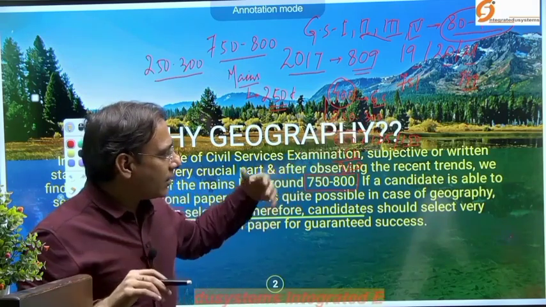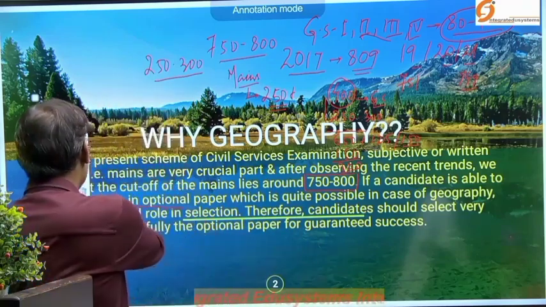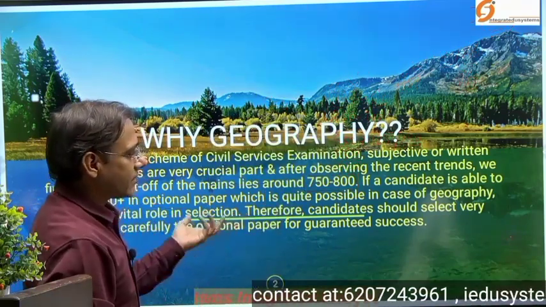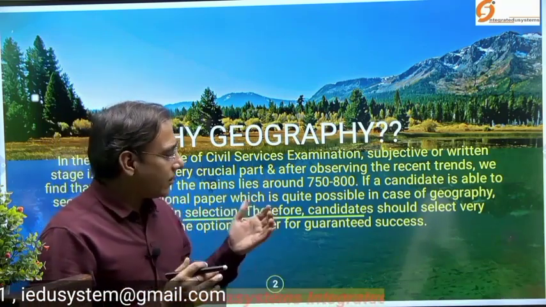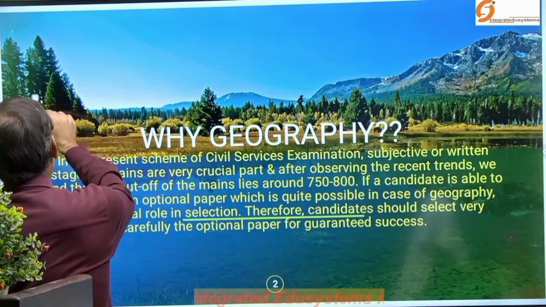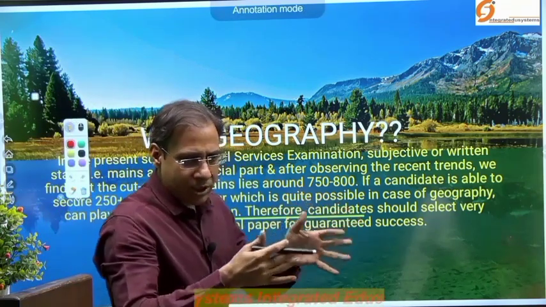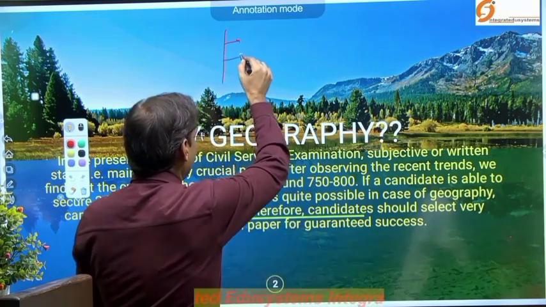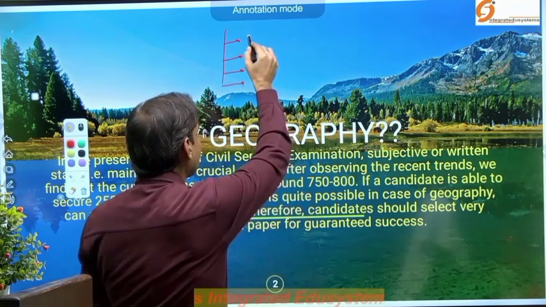And why is geography a very crucial optional? The benefit of this subject is, as I have said earlier, what you have to find out is the trend of the recent past. In geography, basically in the recent decades, the number of candidates who appear in the examination is more than 1000.